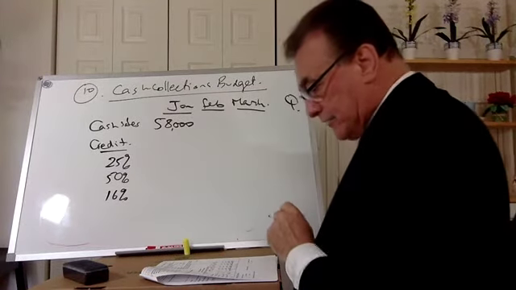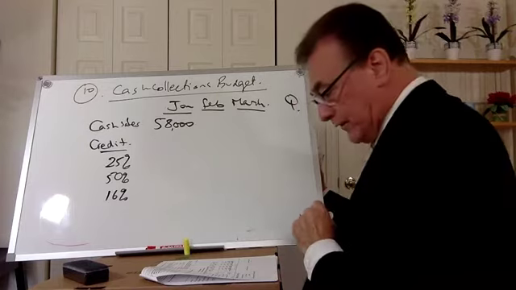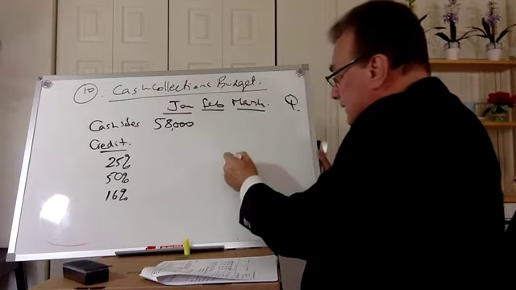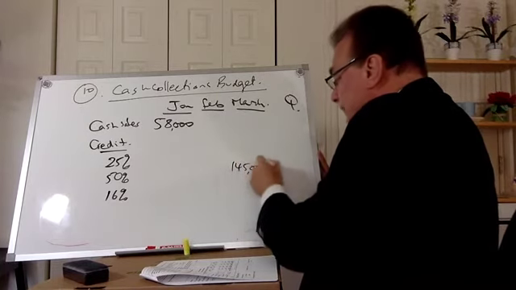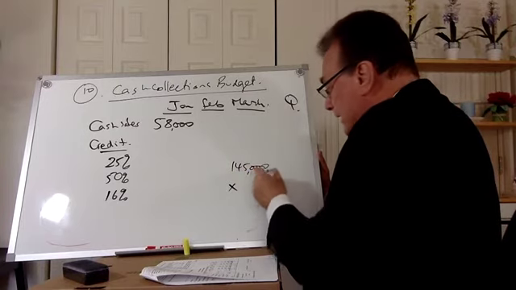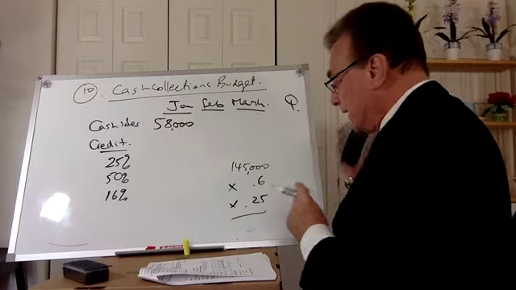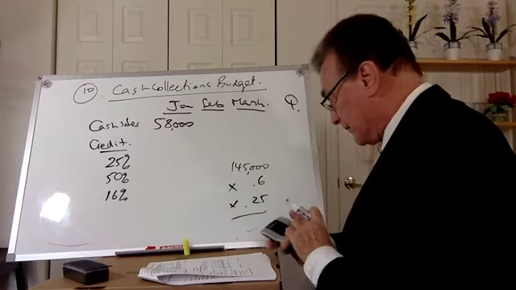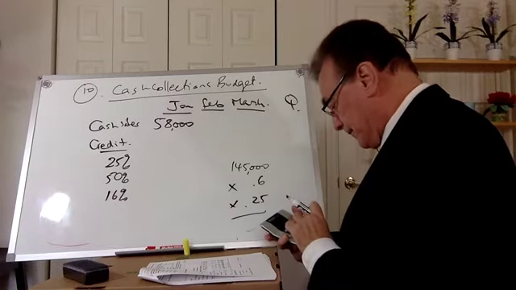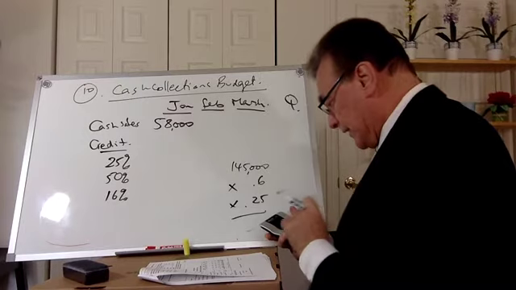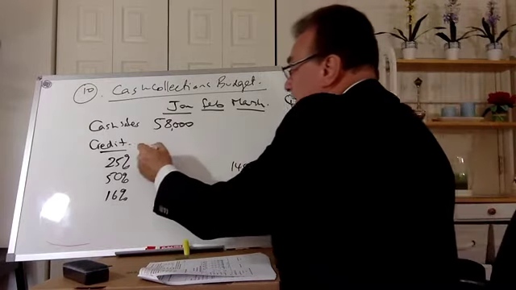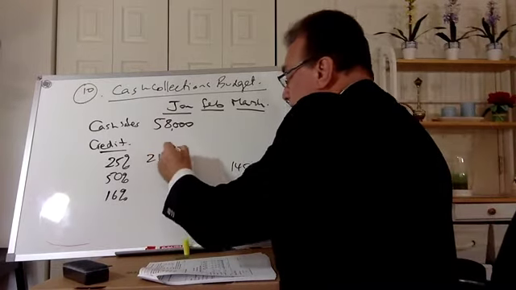All right, so just run down the list. You're going to do your 145,000 for January, multiplied by 0.6 being your credit sales, multiplied by 0.25 being what you collect in the same month. And so you end up with 21,750 here.